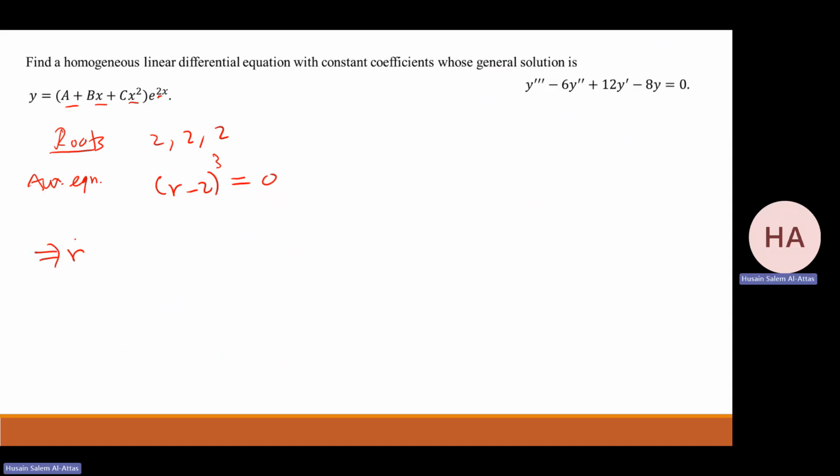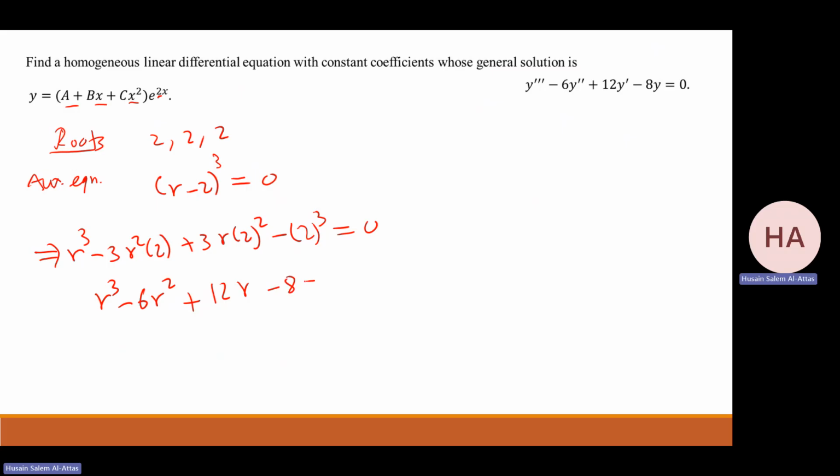That means r cubed minus 3r squared times 2 plus 3r times 2 squared minus 2 cubed. Yeah, I'm writing the formula. 2 cubed equals 8. So I have r cubed minus 6r squared plus 4 times 3, which is 12r, minus 8 equals 0. So what will be the differential equation? And that will be the answer.